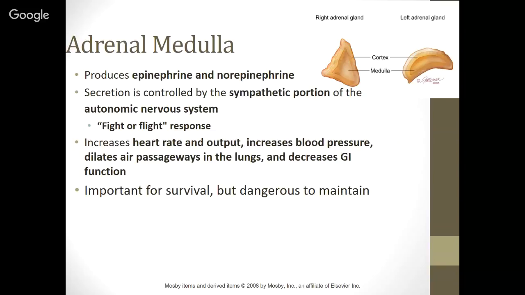You get an increased heart rate and output, increased blood pressure, dilated air passageways in the lungs, and decreased GI function. It's important for survival, so we need it, but it is dangerous to maintain, so we don't want too much of it.